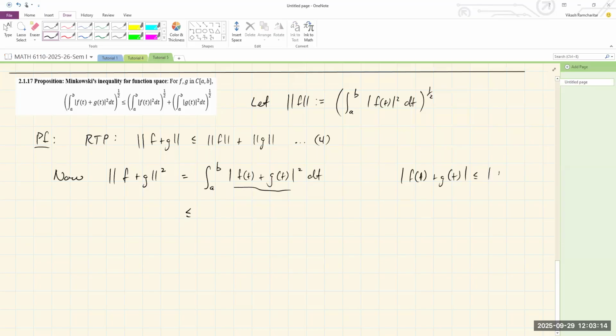It is just less than or equal to the modulus of f of t plus the modulus of g of t. And then you just square both sides. So this is less than or equal to the integral from a to b of the modulus of f of t plus the modulus of g of t, with brackets around it, and I square both sides.